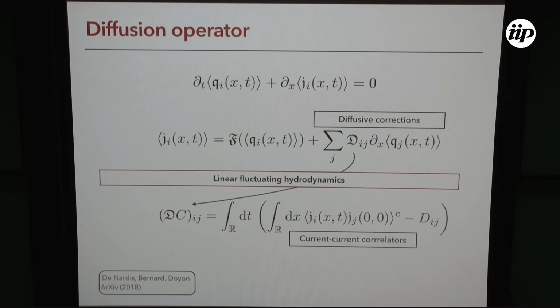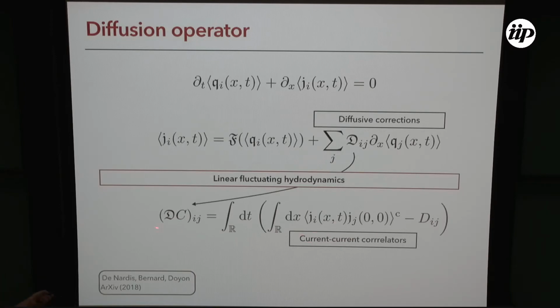And this is, in a sense, you don't have to think too much. You can just redo the steps, but it's just telling you that if you have some type of diffusive correction to your charges, which has this form, then if you want to compute this matrix, this operator, which we call the diffusion operator, you then have to compute just the current correlator.